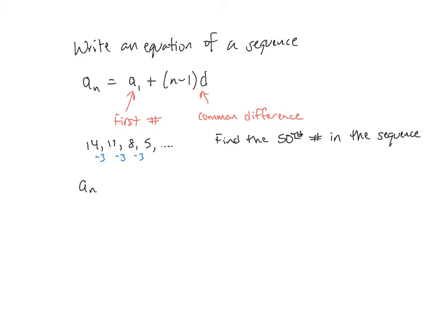So the first number is 14 plus n minus 1, and the common difference is negative 3. So we want to simplify this before we plug anything in. The simplifying is going to be to distribute that difference.